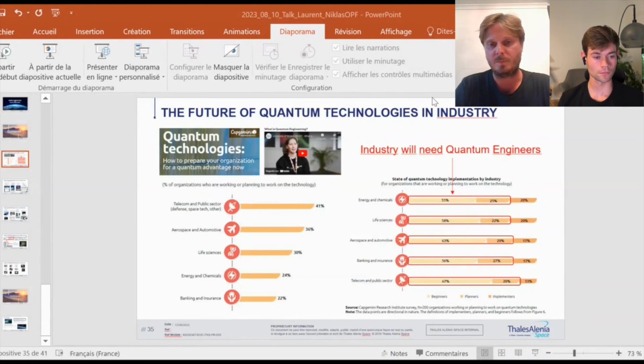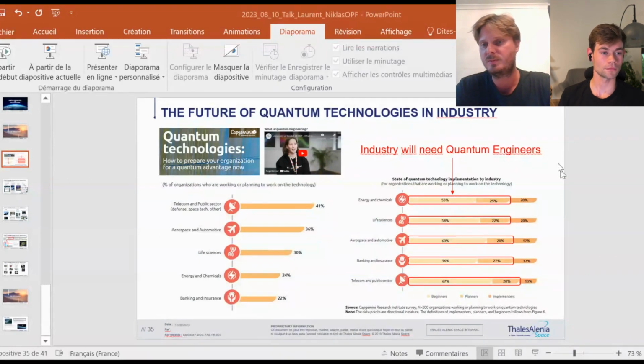Mhm. The important thing to keep in mind is that if you look at a Capgemini report on quantum technologies, they have performed an assessment where they show that in industry there are many sectors that are very interested in quantum technologies. What the Capgemini study shows is that most of the people are beginners with these technologies.